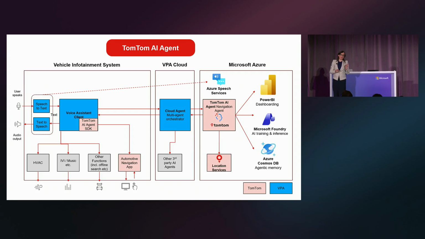And then via a VPA cloud agent, we connect to the automaker's in-vehicle infotainment system. We offer our AI agent as an SDK, and that way it can be connected directly with the IVI system in a way that's consistent with the navigation application and with all of the other applications in the IVI system.